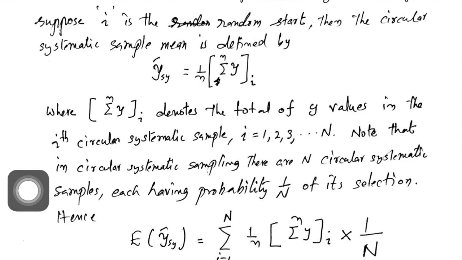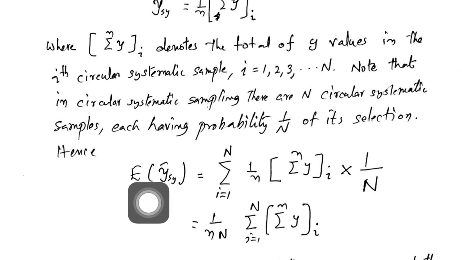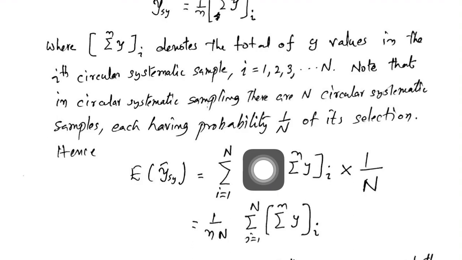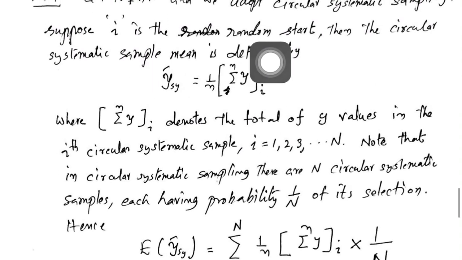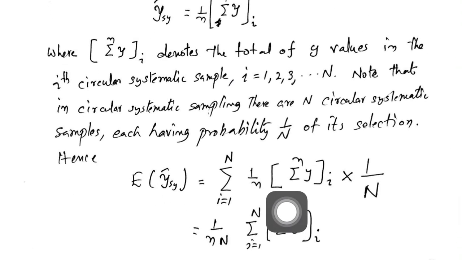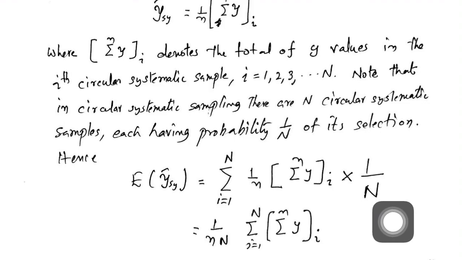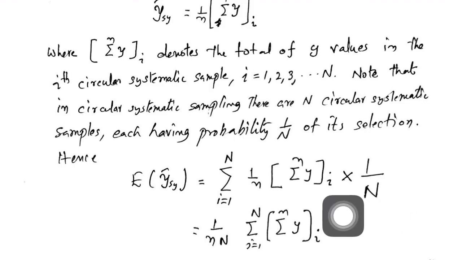Yes, expectation is computed here. Expectation is equal to summation over I equal to 1 to N, I may be any number between 1 and N. So summation over I equal to 1 to N, and this value is the y bar sy, into the probability that any possible circular systematic sample is drawn, which is equal to 1 by N. Okay.